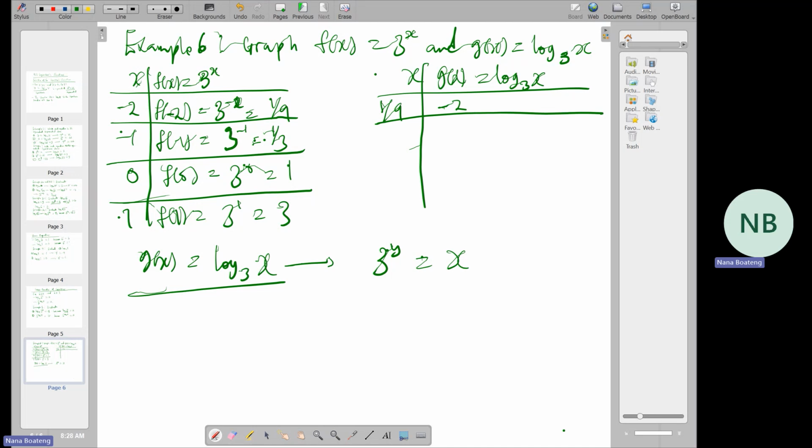So 1/9, 1/3, when x is 1/3, y will become -1. We are just picking this from the f of x table, and when x is 1, y becomes 0. When x is 3, y becomes 1. All right, so these are the values for f of x and g of x. We want to graph these in the same rectangular coordinates. So let's do that on the next page.